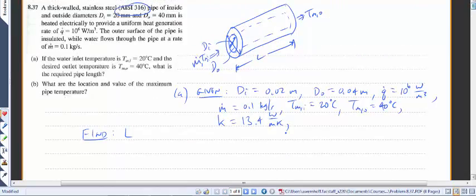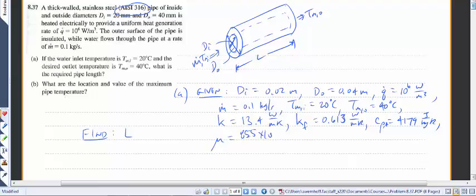So returning to our document here, we put in then the thermal conductivity of the fluid, 0.613 watts per meter Kelvin. The heat capacity of the fluid is 4,179 joules per kilogram Kelvin. The dynamic viscosity of the fluid is 855 times 10 to the minus 6 Pascal seconds.